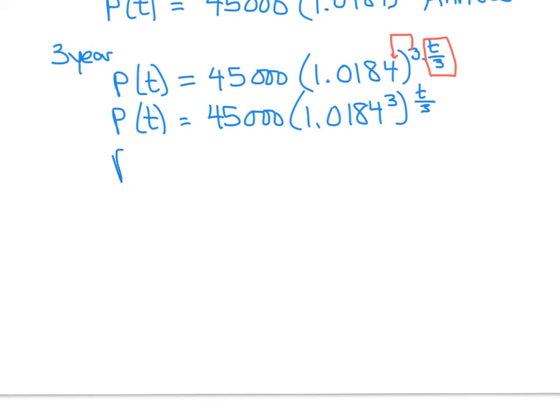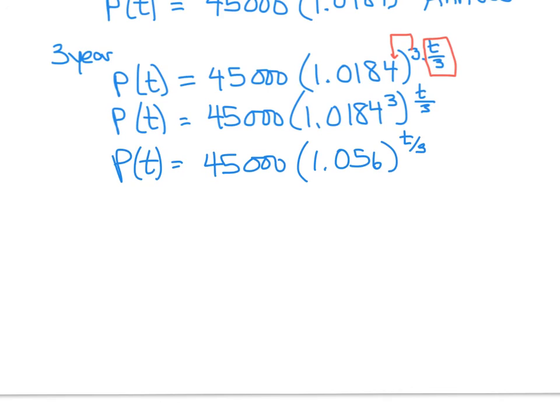Let's simplify this equation. So we're going to say P of t is equal to 45,000. And when I go to my calculator and do 1.0184 to the third power, I got on my calculator 1.056. And again, that exponent is t over 3. That's what I wanted because I wanted to know what the growth rate was over a 3-year time period.